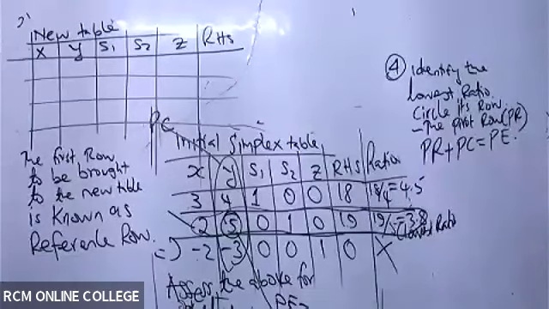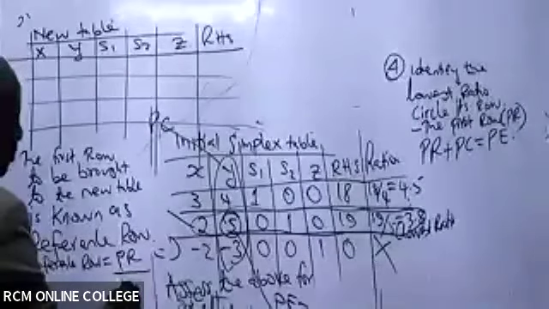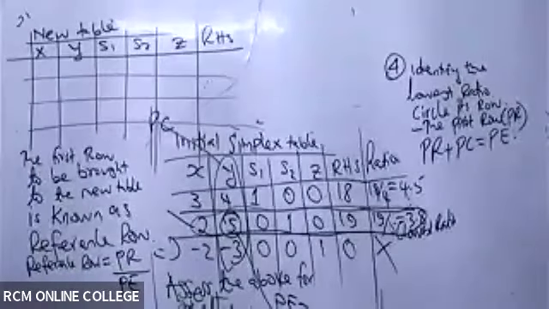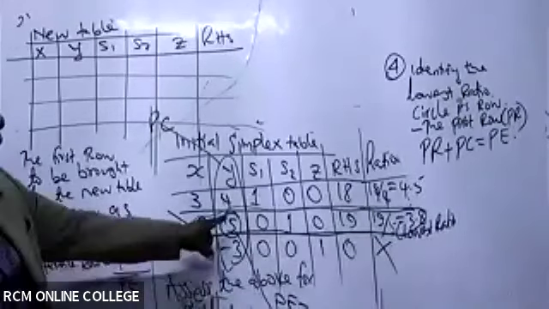The very first row, because we are using row analysis, we are carrying over. In this case, the pivot row divided by pivot element. Anytime they want you to get the reference row, you take the pivot row the way it is.